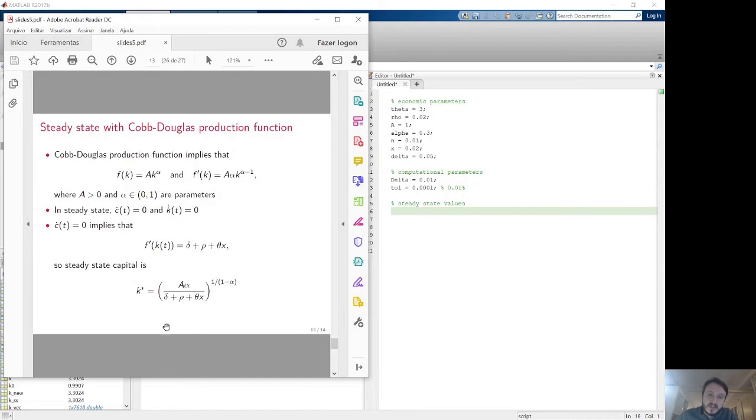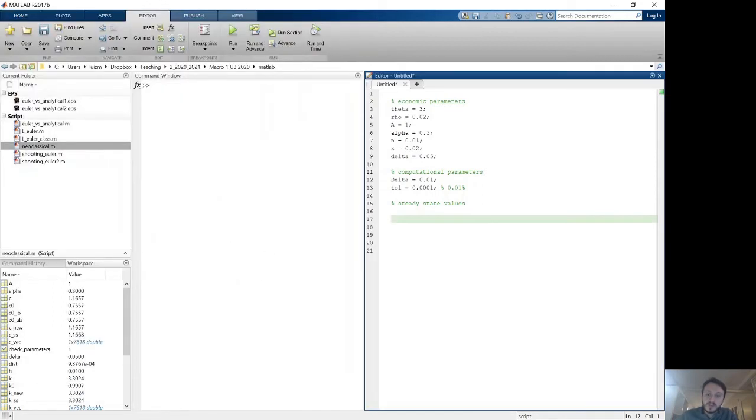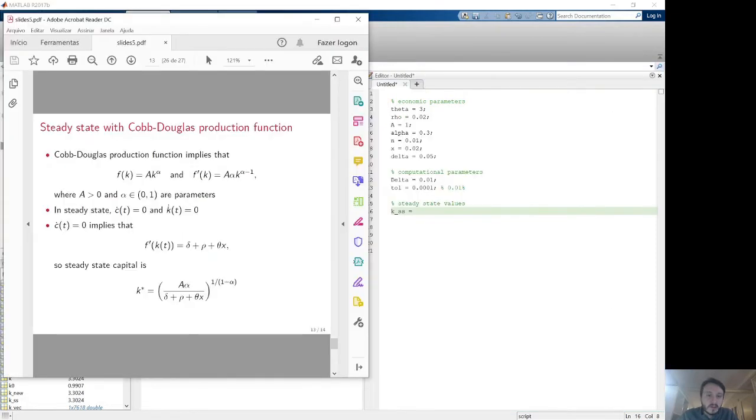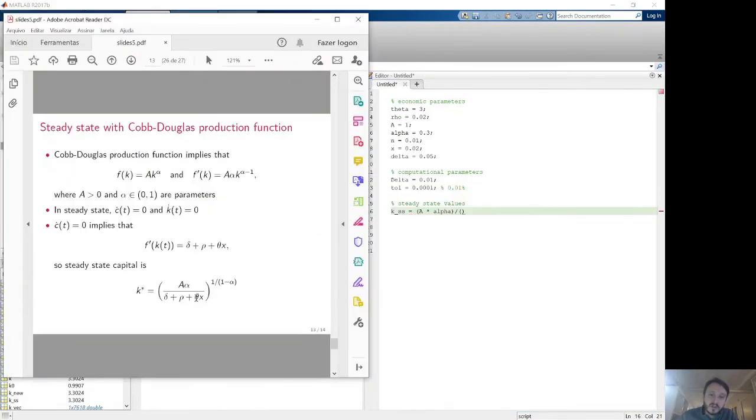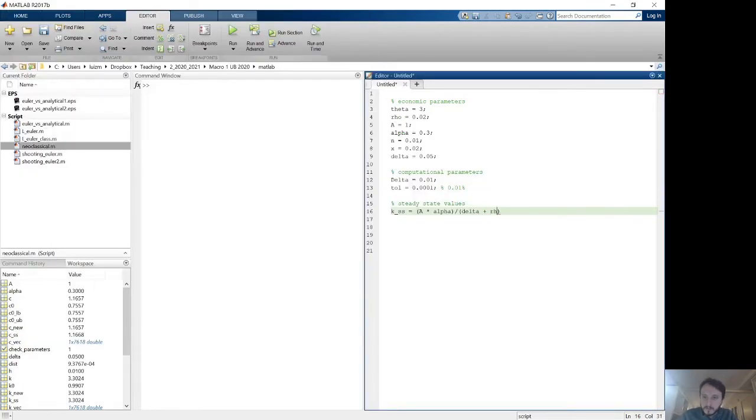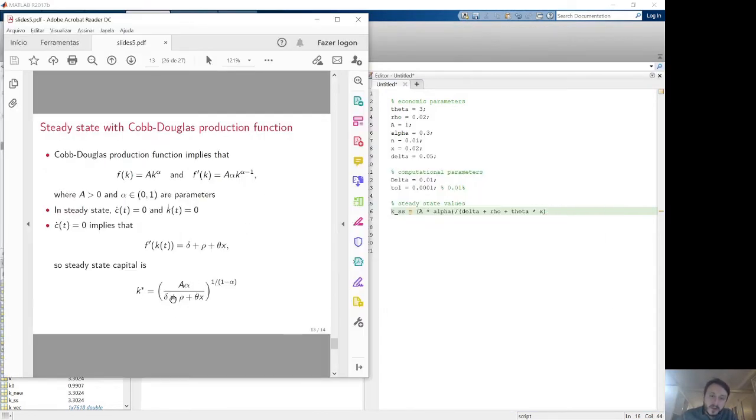Capital in steady state is given by this formula, so we can write it here. Let's write K underline SS, steady state. So we have the numerator being A times alpha, and the denominator, which is delta plus rho plus theta times x. And then this fraction is to the power of 1 over 1 minus alpha.